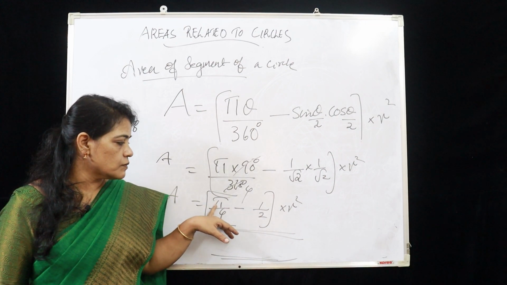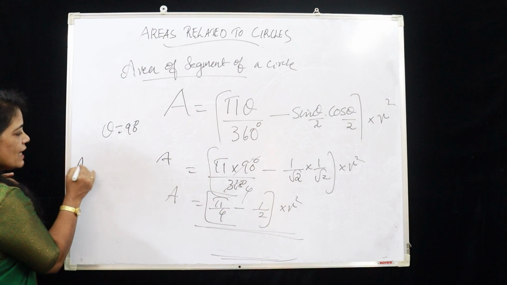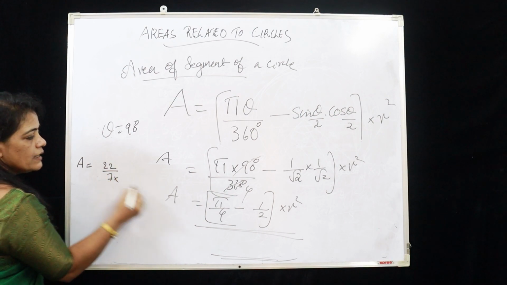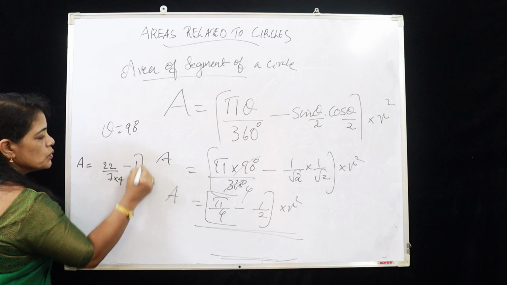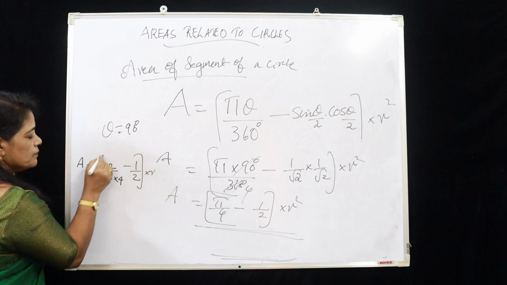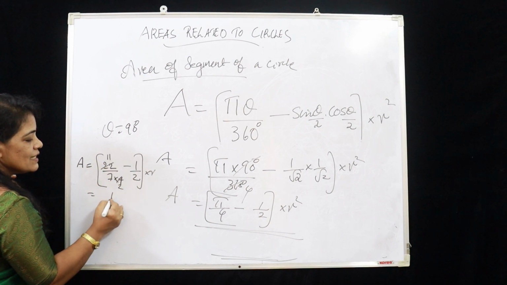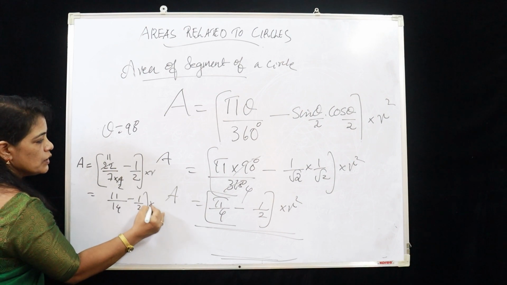If we substitute pi as 22 by 7, A is equal to 22 by 7 into 4 in the denominator, minus 1 by 2, into R square. Here 11, and 2 times, that is 11 by 14 minus 1 by 2, into R square.